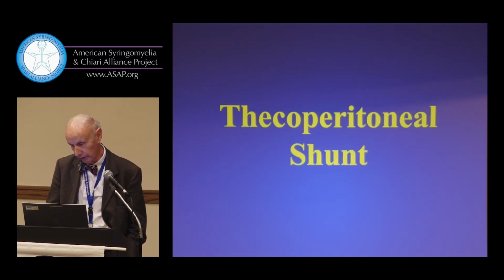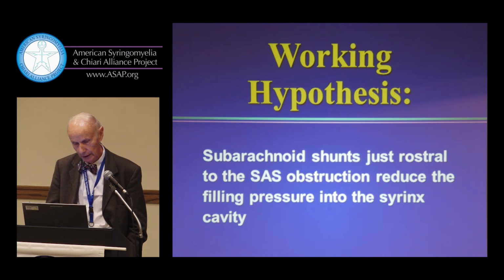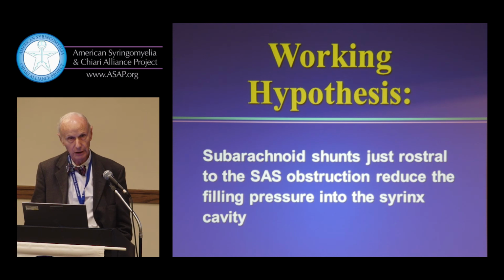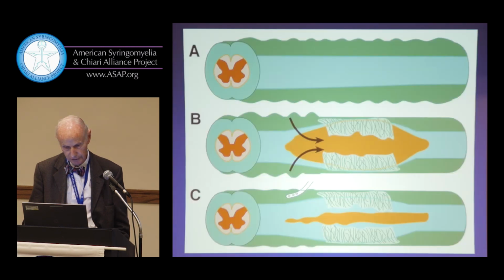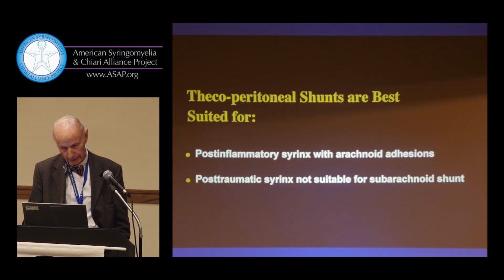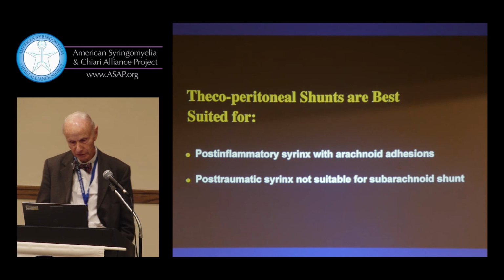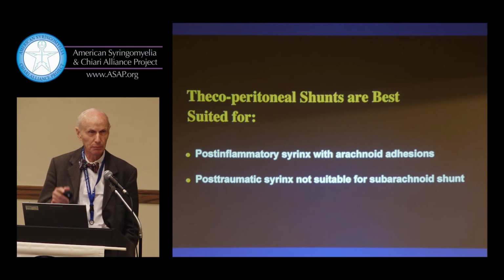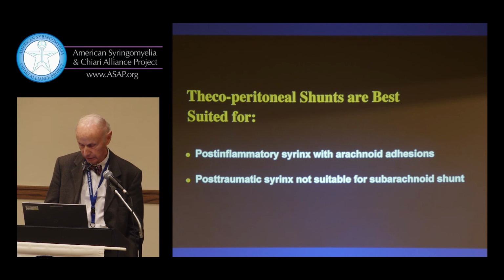And this is called a thecoperitoneal shunt, which we have used to reduce the syrinx effectively in patients with high cervical lesions. And they're most useful in high cervical lesions where we don't want to manipulate the cord to put a shunt into the syrinx cavity, as we sometimes have to do as a last resort.